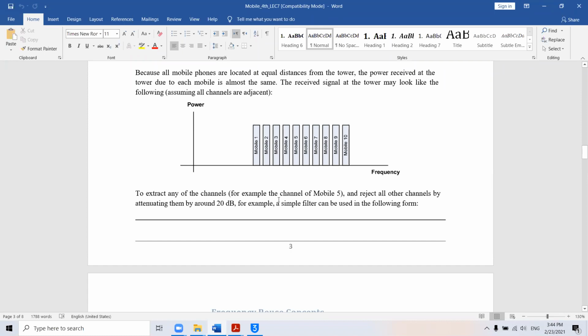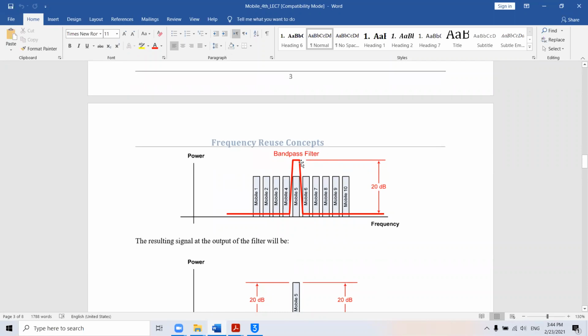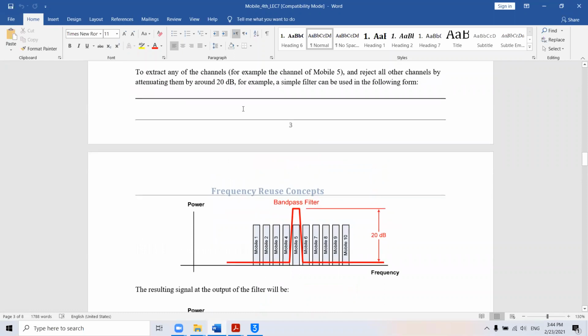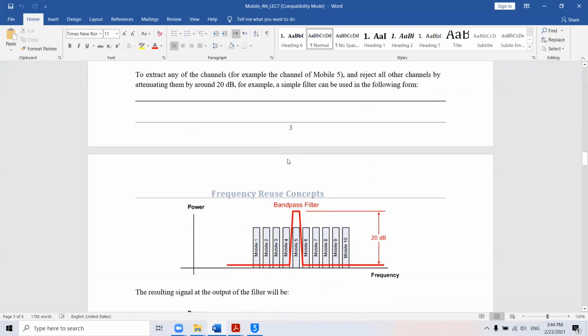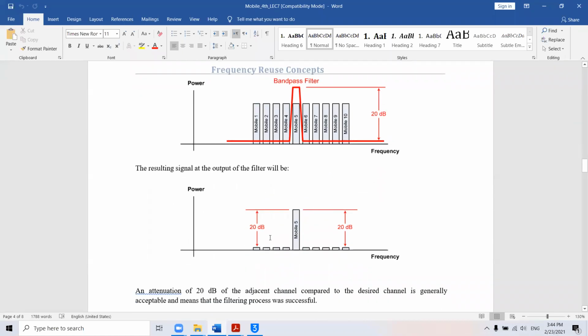For example, a simple filter can be used in the following form. Here we have a filter. As you know, the distance between the passband region and the stopband region is 20 dB. So after passing the whole spectrum through the bandpass filter, the result will be as follows.